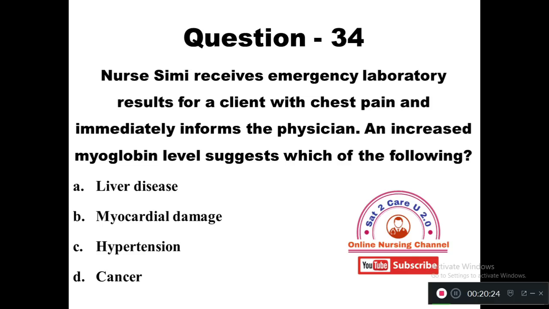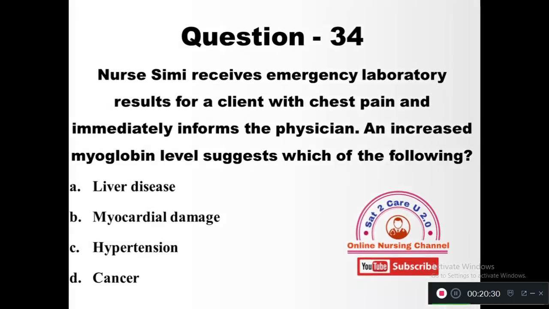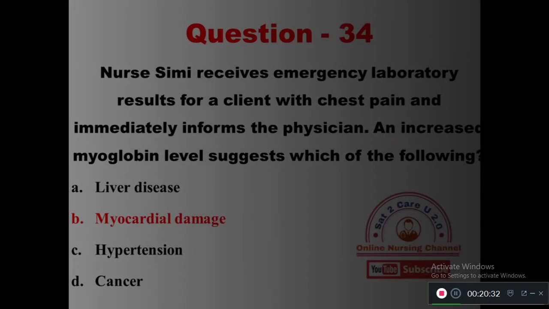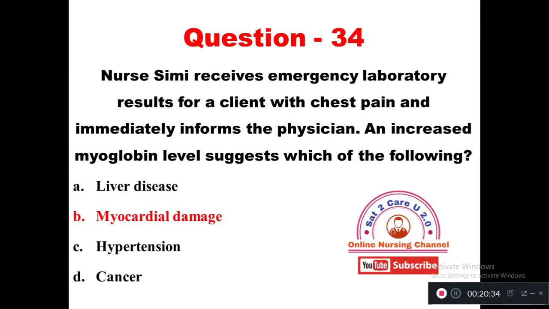So when there is myocardial infarction, that is, when there is damage to the myocardium, the myoglobin level is increased in the laboratory investigation. So option B is right here.